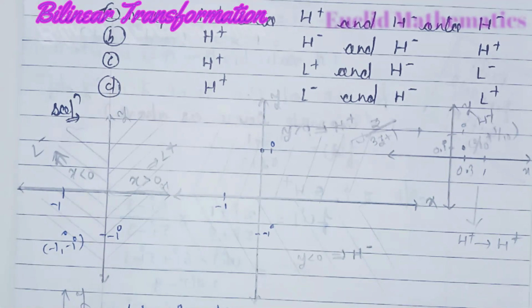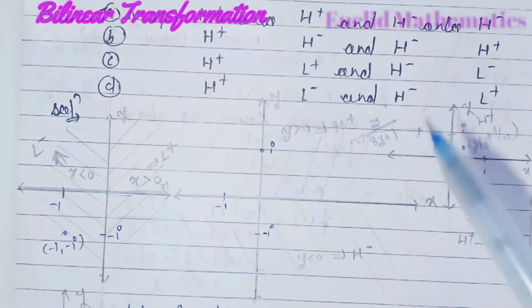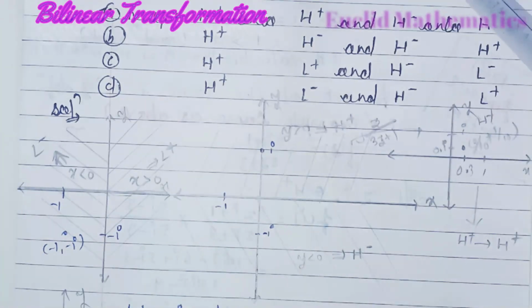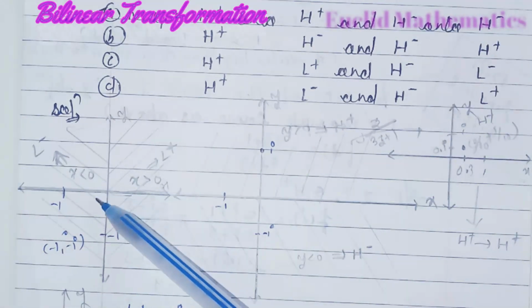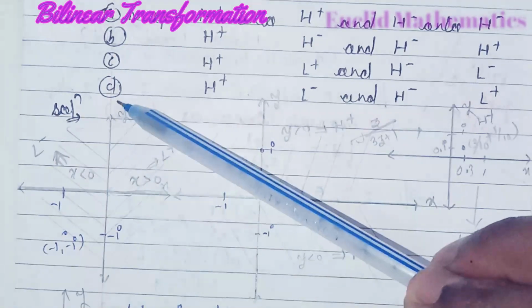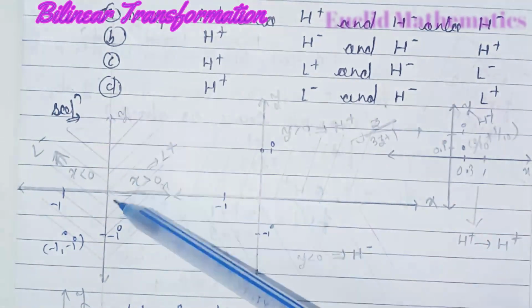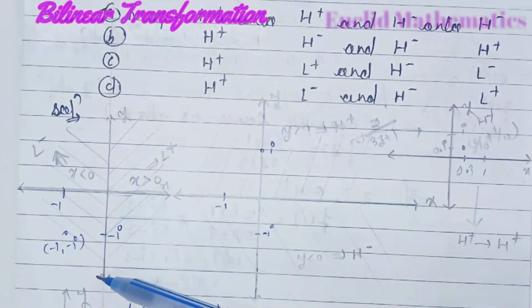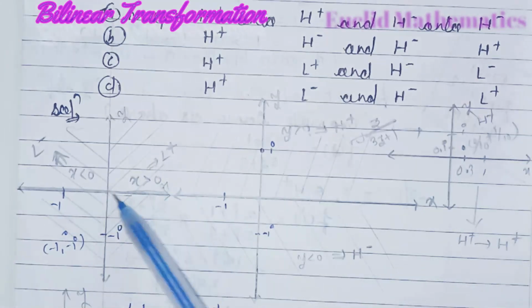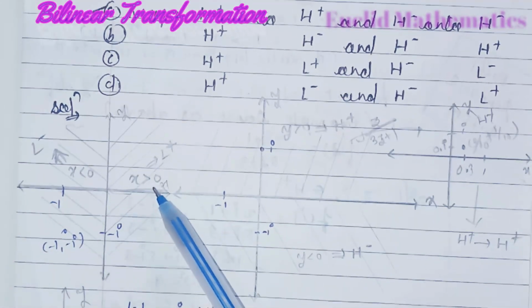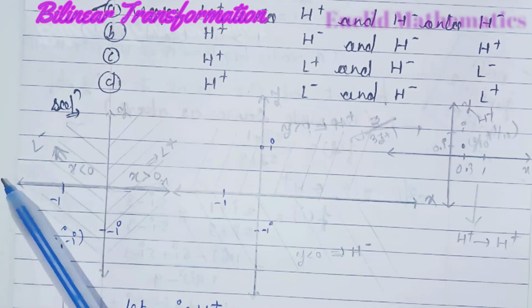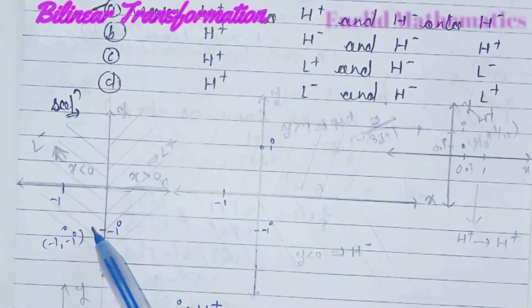You can understand that just by observation, because y bigger than 0 means we have to take the upper axis only, where y is positive. y smaller than 0 means the lower y axis. x positive means this side of x is bigger than 0 and this side of x is smaller than 0. These are H plus, H minus, L plus and L minus represented here.